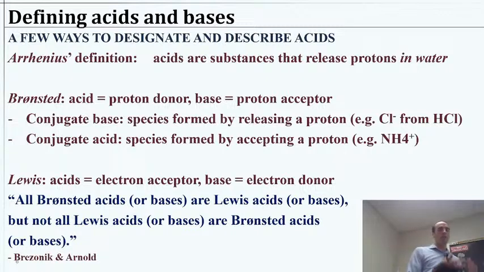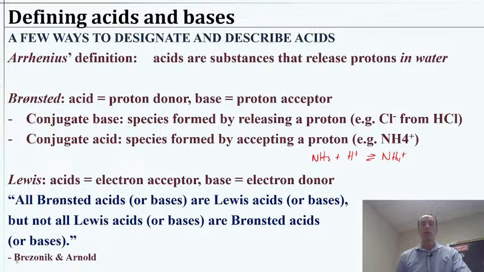Conjugate acid, likewise, if we're taking a look at something that's basic, would be what's formed when you accept a proton. So if the Bronsted base is a proton acceptor, then we can consider the reaction with ammonia, where we have NH3 plus H plus in equilibrium with NH4 plus.